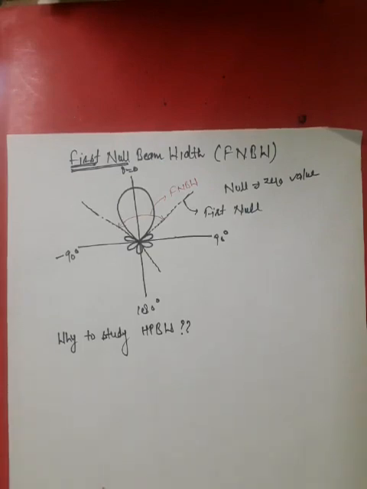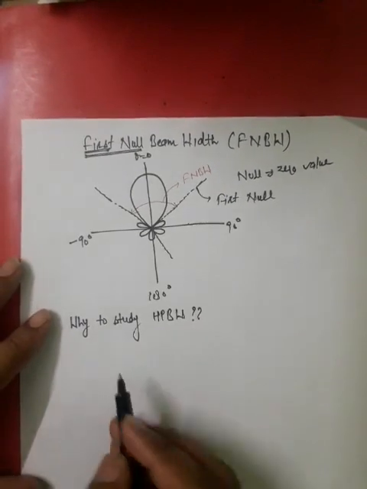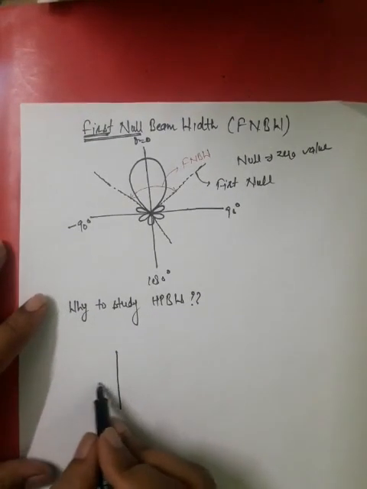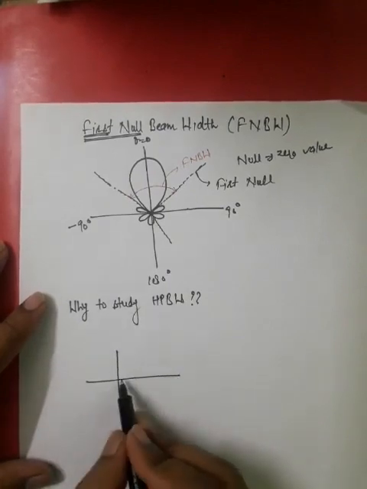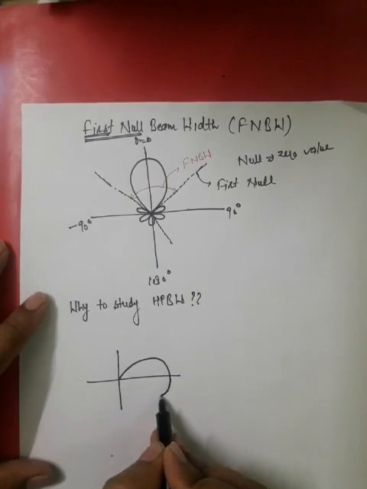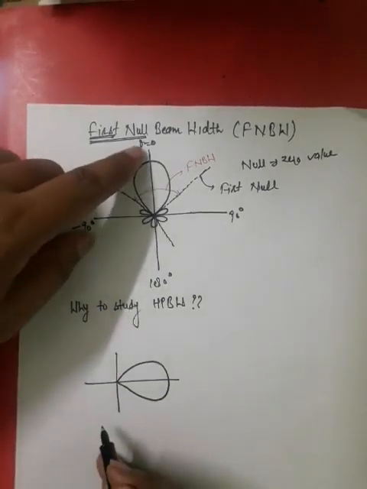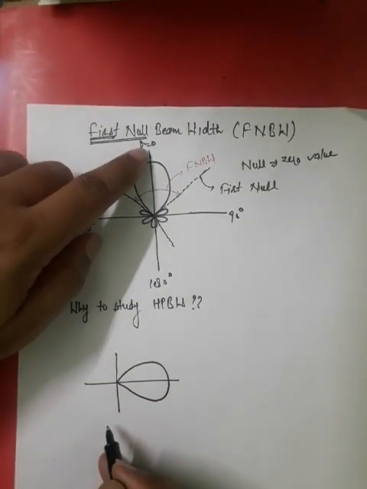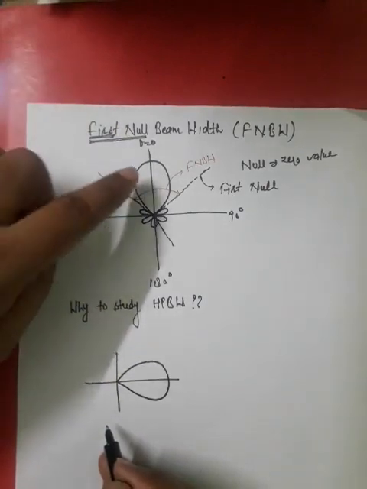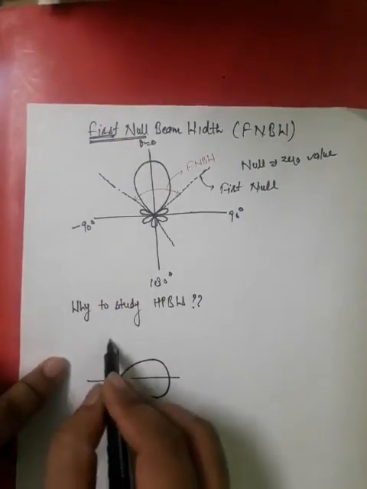So I will again try to show you this. To utilize this area, I will draw our radiation pattern in this direction. I am writing in this direction, theta is equal to 0. You may rotate it, but you must keep in mind it is not necessary that your maximum is always at theta equal to 0.